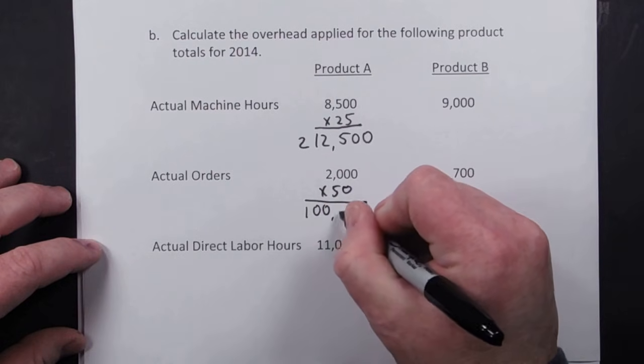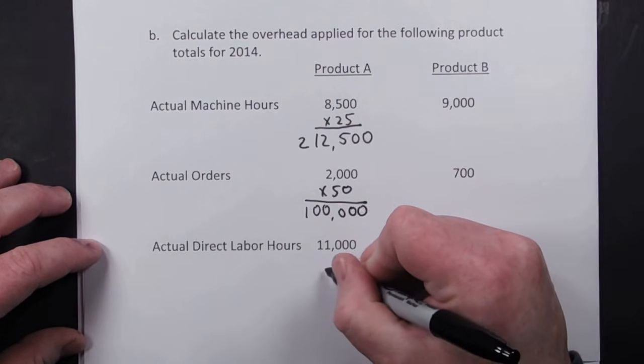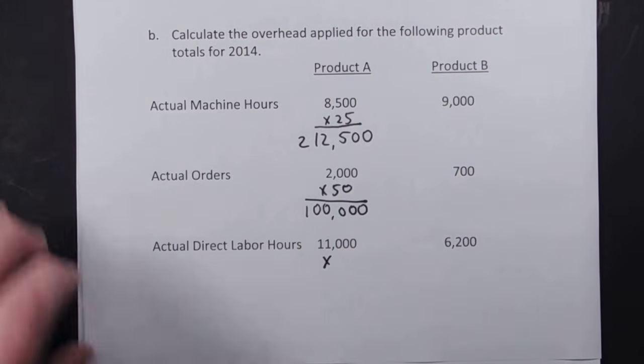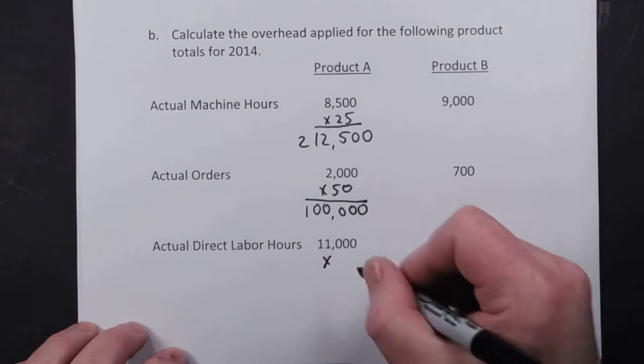And our actual direct labor hours are 11,000 for product A times 20.